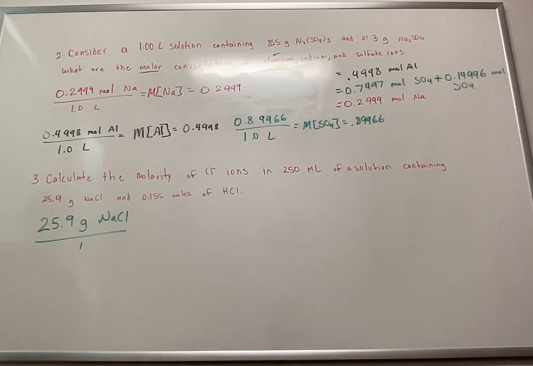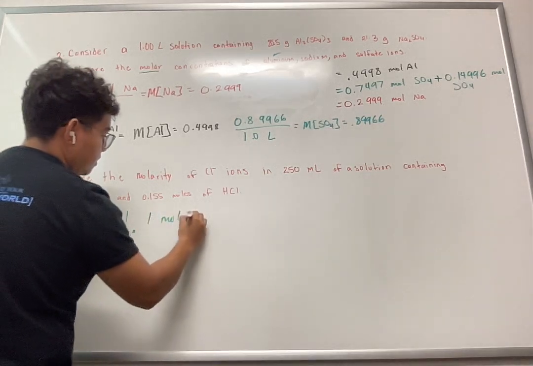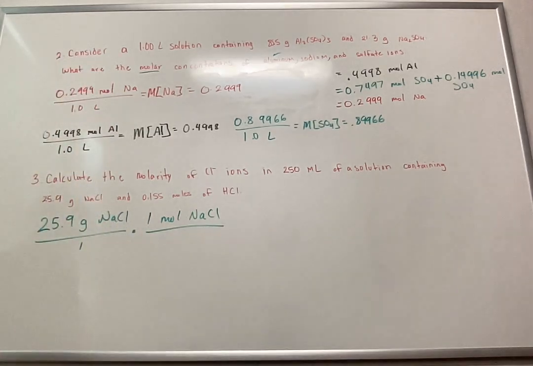So 25.9 grams of NaCl times 1 mole of NaCl over the molar mass of NaCl. We should get 58.44. Na weighs 22.99. Cl, chlorine, weighs 35.45.